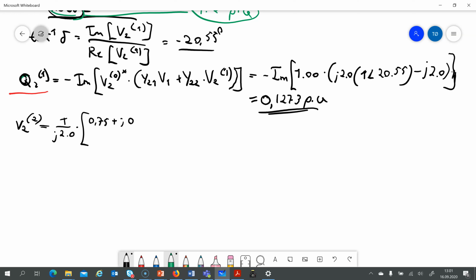We already calculated 0.1273, like this, divided on angle 20.556 minus 2.0 times 1 angle 0, like this.